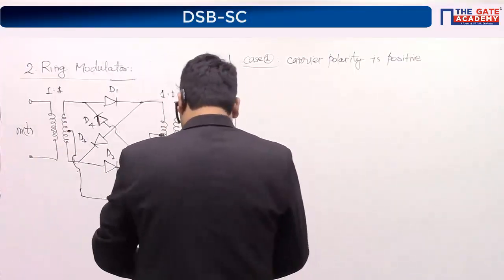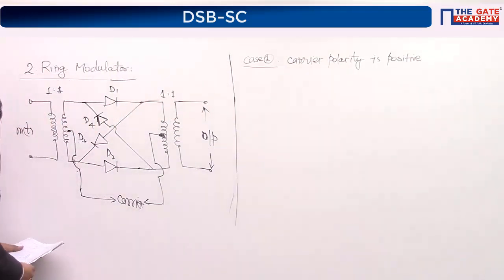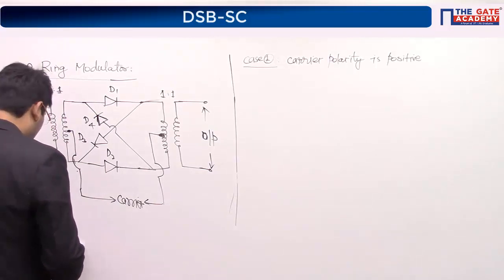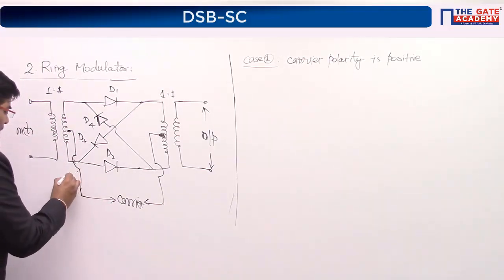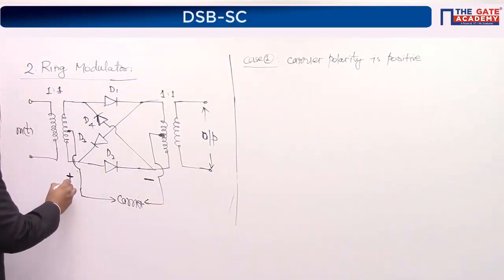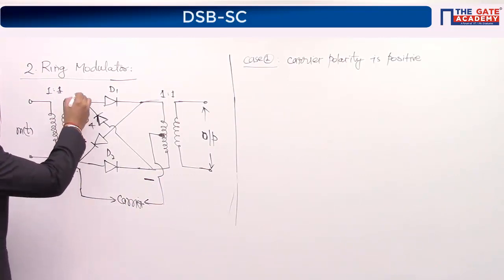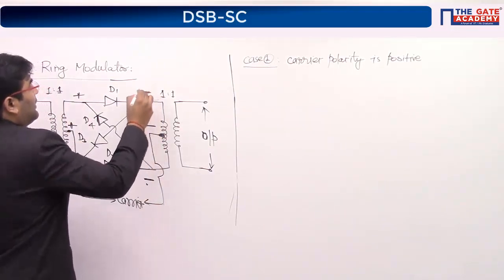So what will happen when the carrier polarity is positive? Guys, you need to understand that if it is positive, this is positive and this is negative, right? So if this is positive, this is positive, this is positive. If this is negative, this is negative, this is negative.